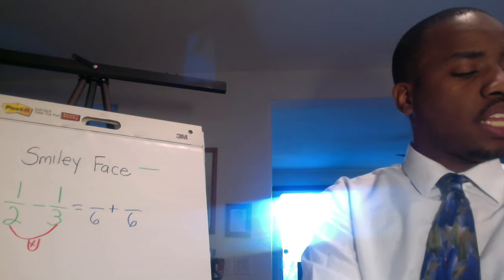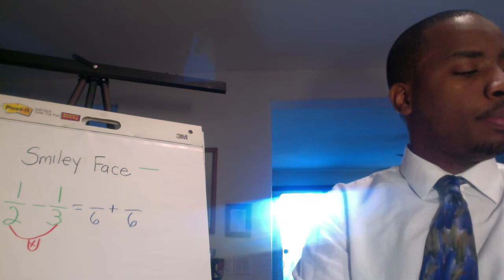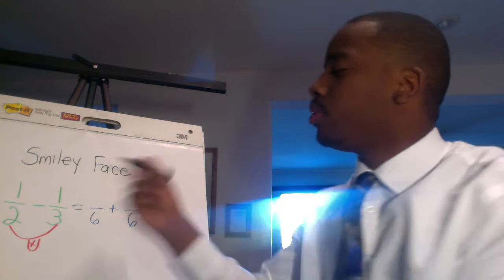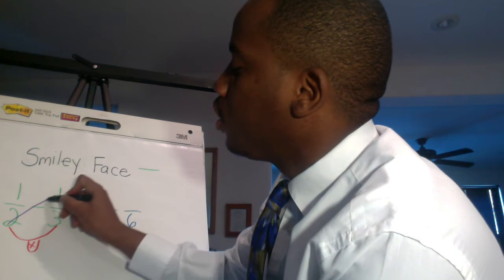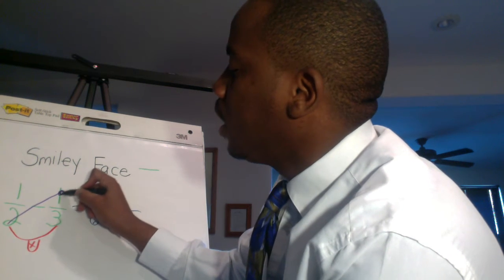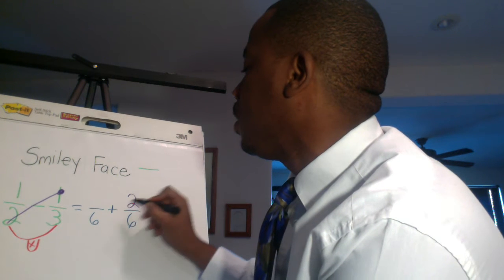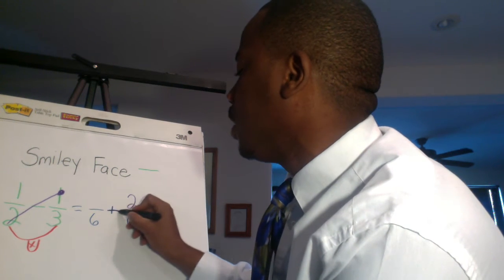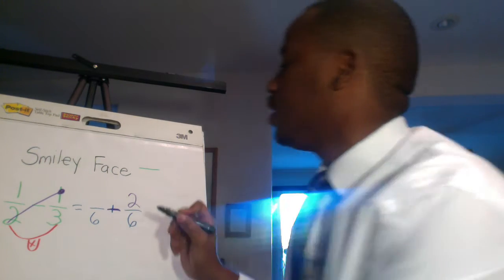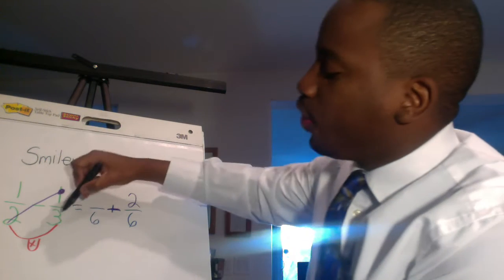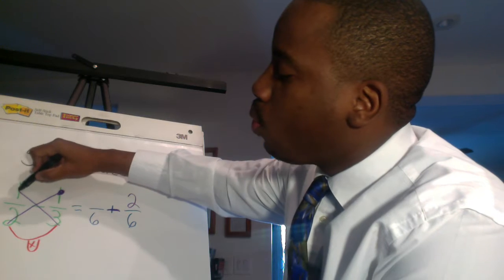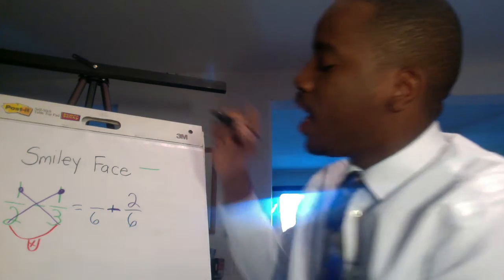So let's take the time to do that. Two times 1 is 2. And see, this should be a subtraction. Let me correct that. And 3 times 1 is 3.